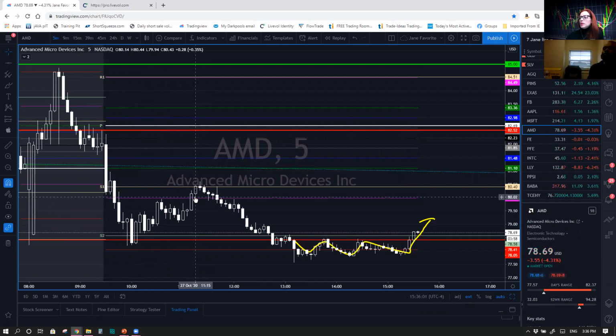So what is the strike on the option? One of them for $86, and the expiration is Friday, and one of them's for 90, and the expiration is November 6th.